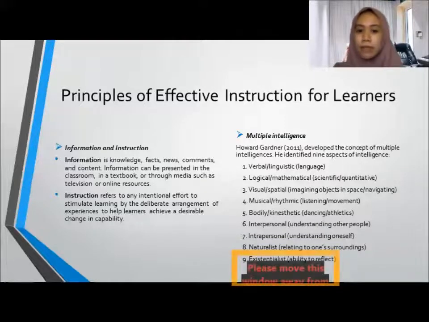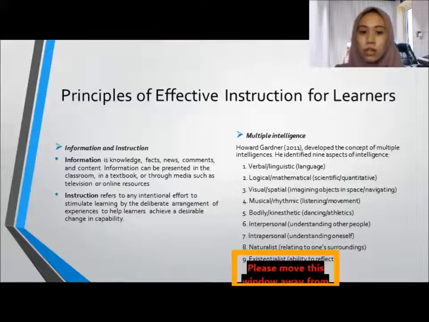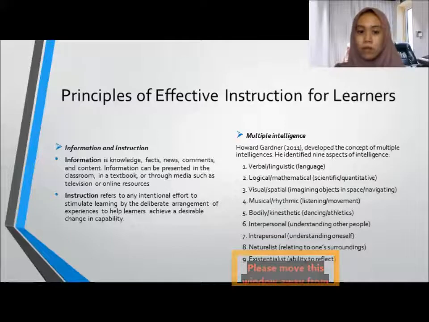It can be presented in the classroom in a textbook or through media such as television or online resources. Meanwhile, instruction refers to any intentional effort to stimulate learning by the deliberate arrangement of experiences to help learners achieve a desirable change in capability.